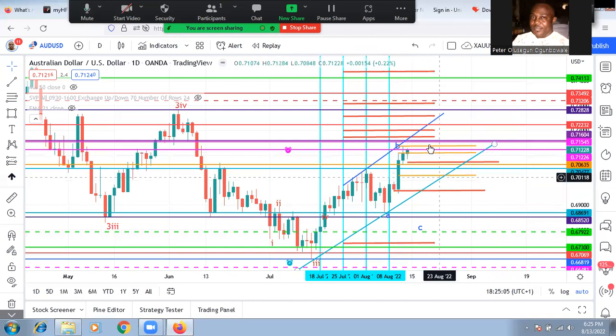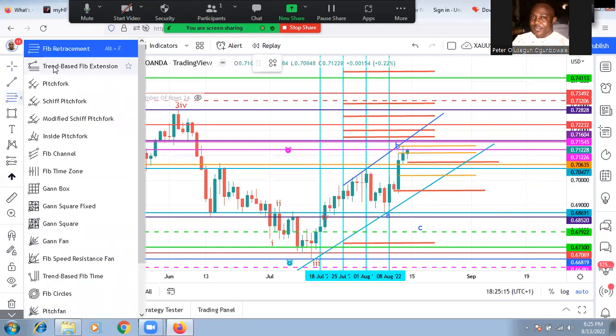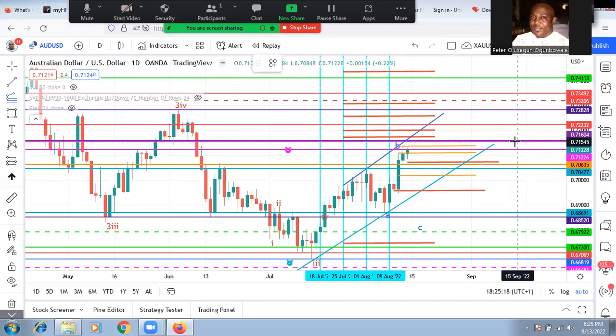So if that happens, then this is going to fall to a 1, 2, 3. And if it's going to fall to a 1, 2, 3, then it will now be from here to this level and to this level.